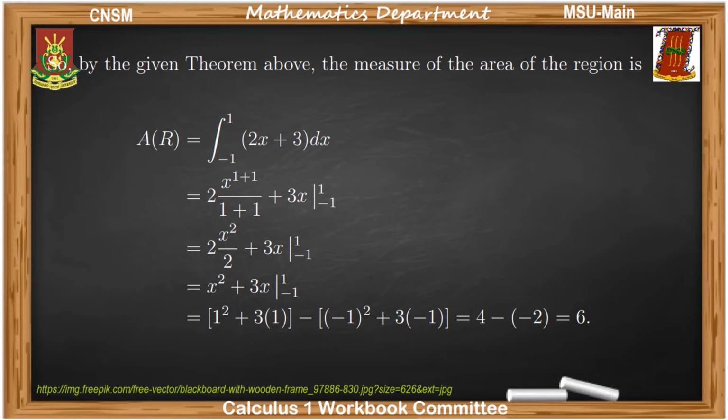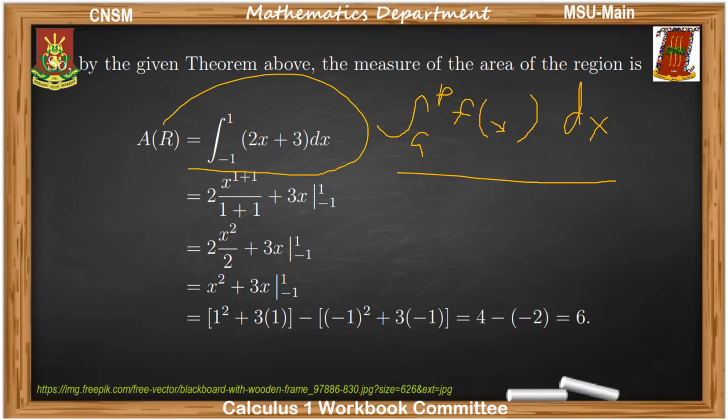So this is the previous theorem that we discussed, which is the integral of f of x from a to b with respect to x. So that is the theorem that we studied. So A of R is equal to this integral.